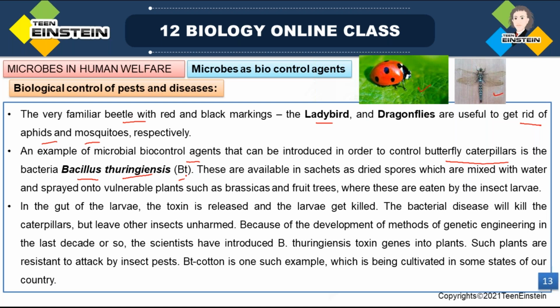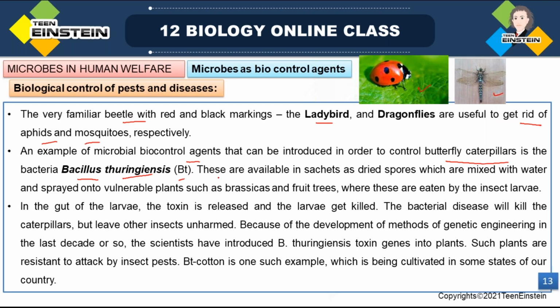One example is Bacillus thuringiensis, which can control butterfly caterpillars. Which bacteria? Bacillus thuringiensis, Bt, which is introduced to control butterfly caterpillar.